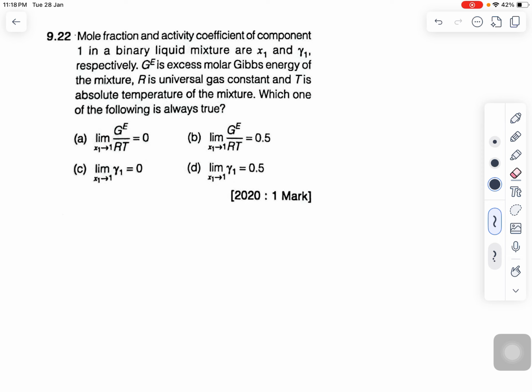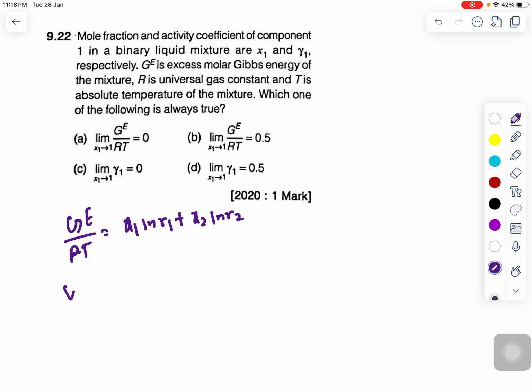When we talk about GE divided by RT, that can be written as x1 ln gamma 1 plus x2 ln gamma 2, or sometimes GE divided by RT can also be written as, let's say, A x1 x2, something like that.